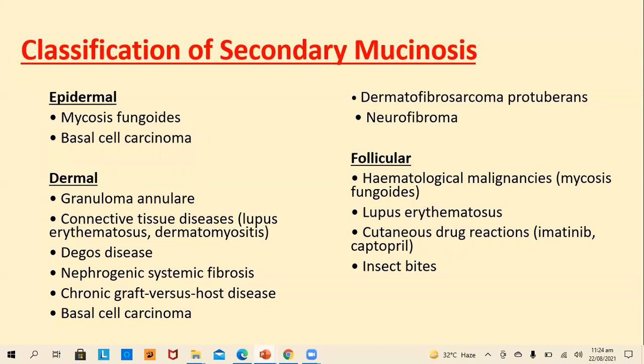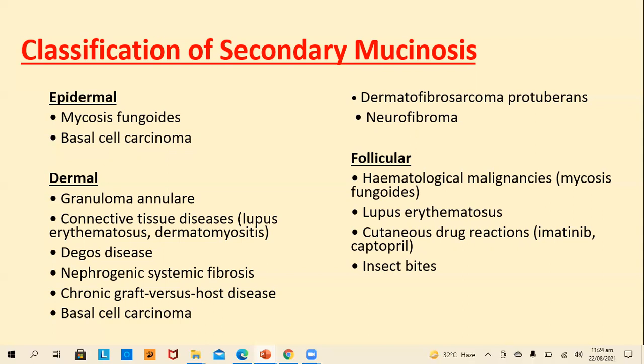While the dermal causes of secondary mucinosis include granuloma annulare, connective tissue diseases like lupus erythematosus and dermatomyositis, Degos disease, nephrogenic systemic fibrosis, chronic graft versus host disease, and basal cell carcinoma again, dermatofibrosarcoma protuberans, and neurofibroma.